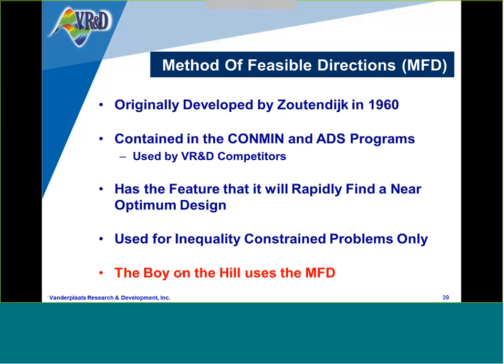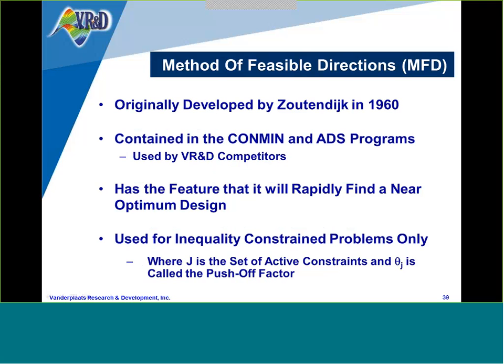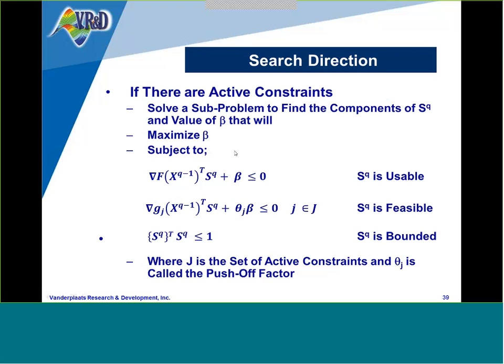The little boy on the hill basically describes this method. I'm not going to go into details here for lack of time, but basically we look for the components of S and the value of this parameter beta that we're going to maximize in a linearized fashion. The difficulty is that we have a quadratic constraint here.